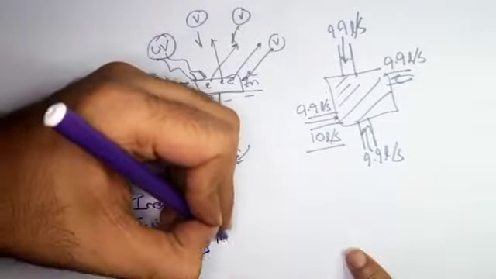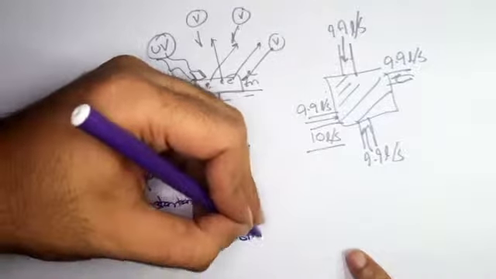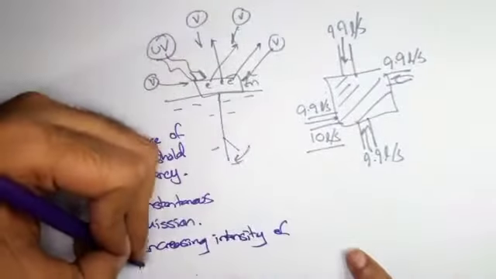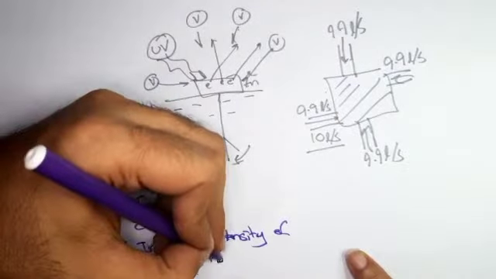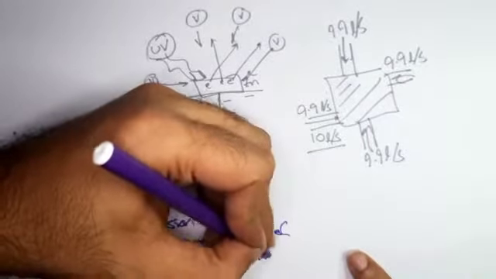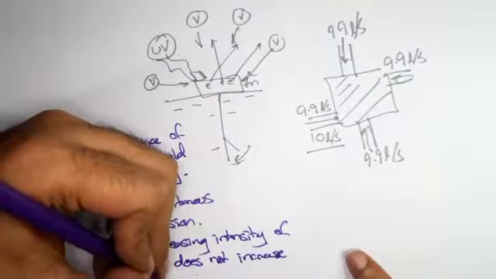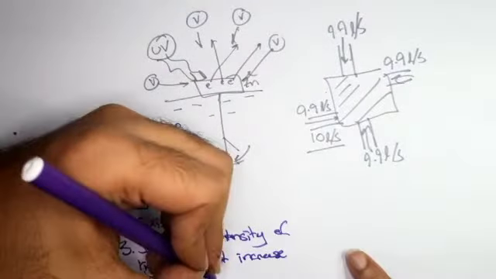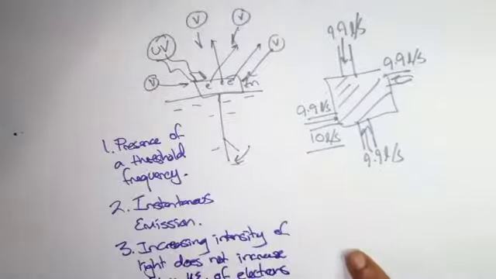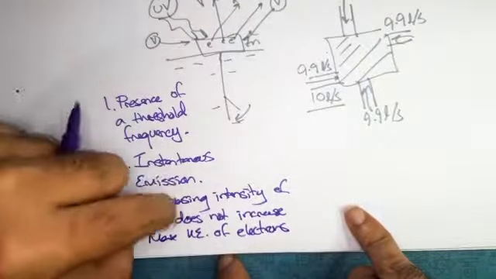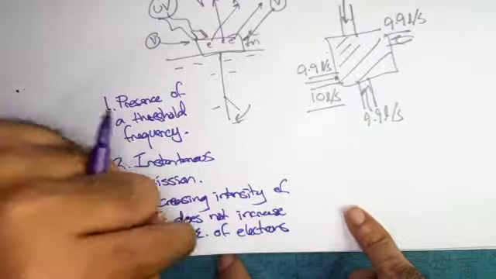Increasing intensity of light does not increase maximum kinetic energy of electrons. So that's basically the third issue we saw. Again, this shouldn't happen.